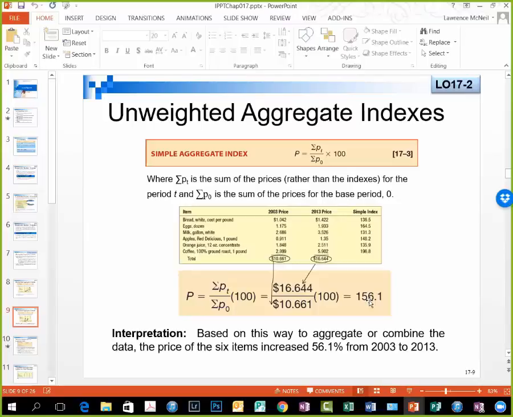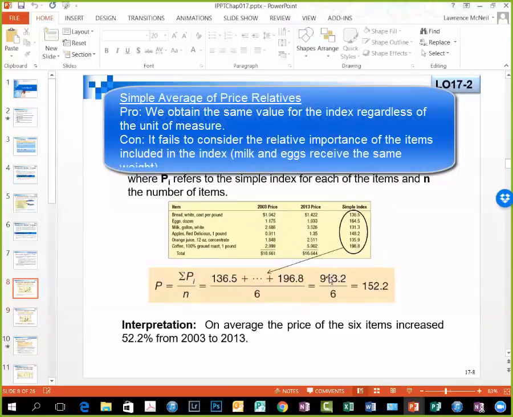Of course, that's different than 152.2 because we use a different technique. In this case, the summation of these led to the numerator and denominator, whereas before, all we had was the summation of the average of the simple indices first.